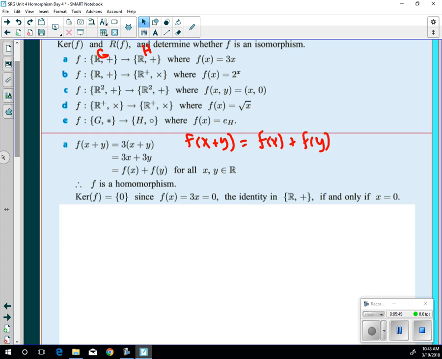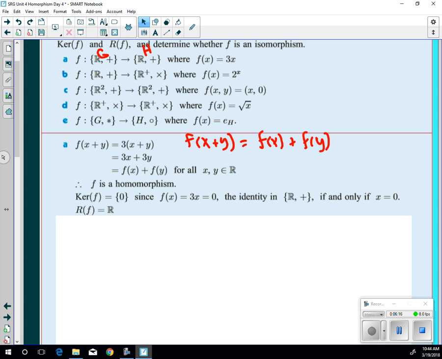So what would x have to be to give you 0, the identity? 0. So for this one, if the identity is 0, the identity for the second H function would also be 0. So the kernel for this one is 0. It's the value you put in for x to make 0. Love that for a first one.